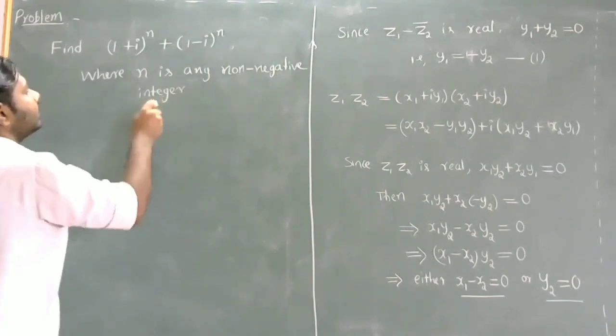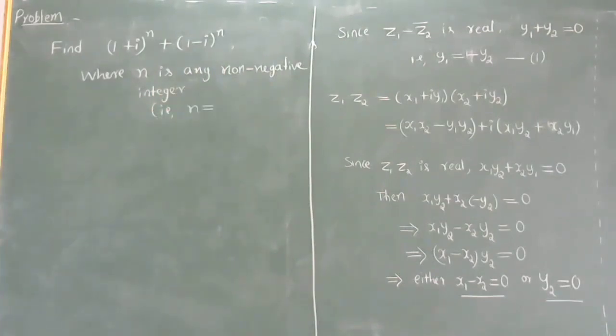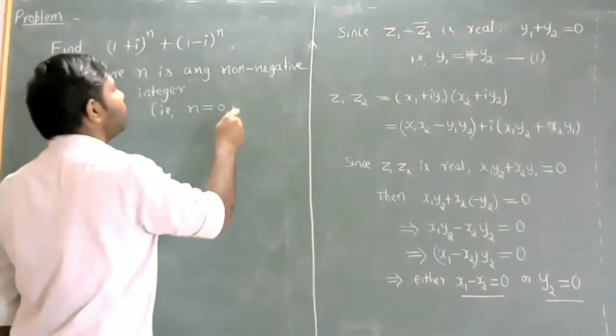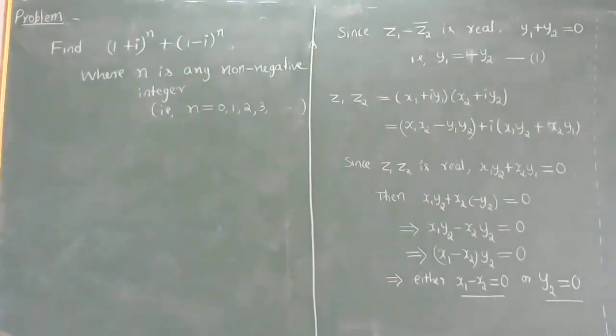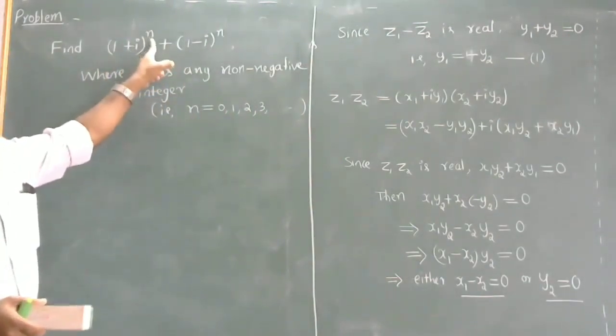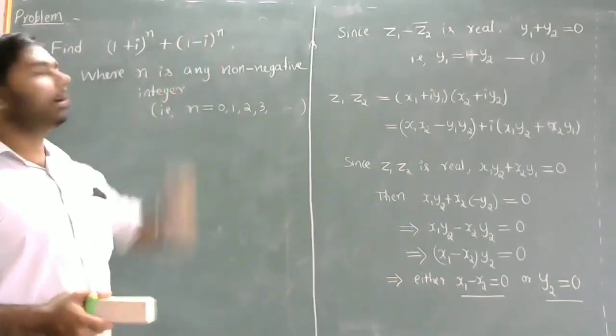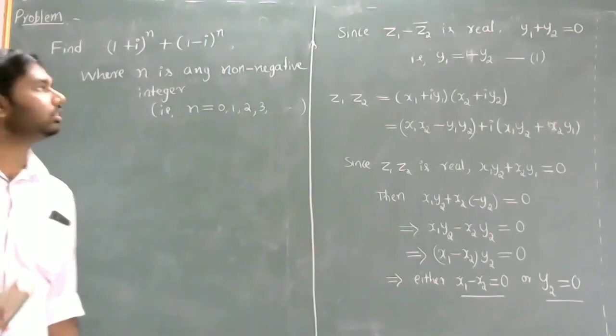That is, n can take only the values 0, 1, 2, 3, and so on, all non-negative values. So now we have to find the value of (1 plus i) power n plus (1 minus i) power n, where n is any non-negative integer. Right?